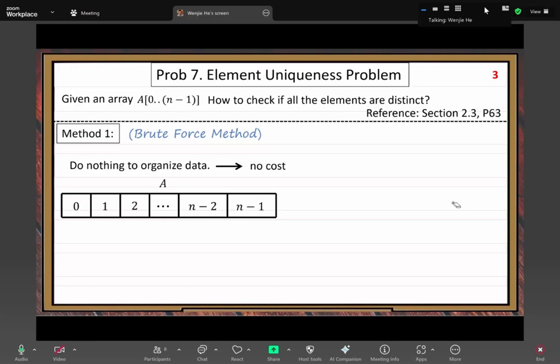Let me use a simple diagram. Here in this array, we have n elements. When we do the checking, we don't want to miss anyone, right? We don't want to miss any possible pair for the checking. So here's the idea. We want to cover all the possible pairs. For each pair, we want to check if two elements in this selected pair share the same value or not.